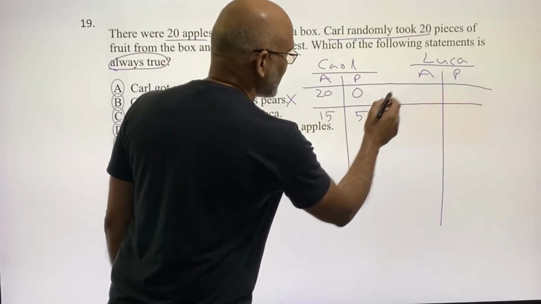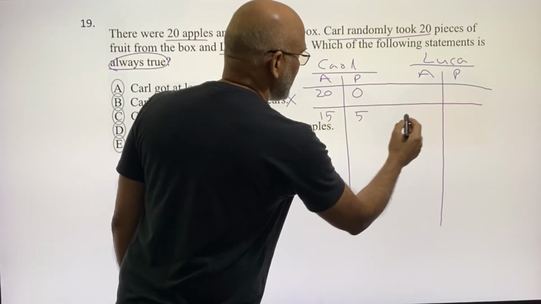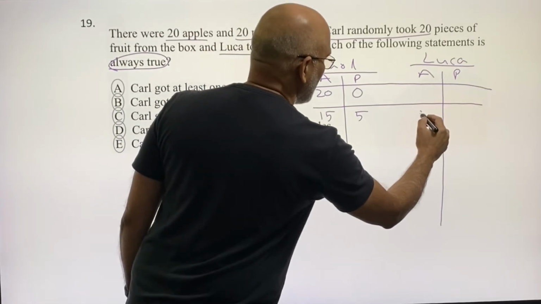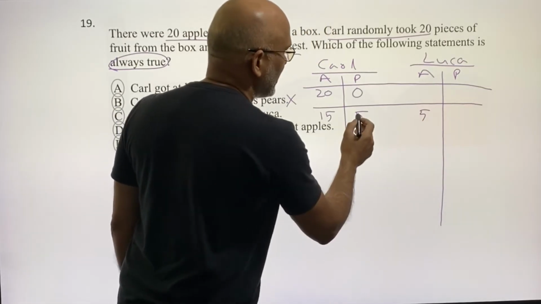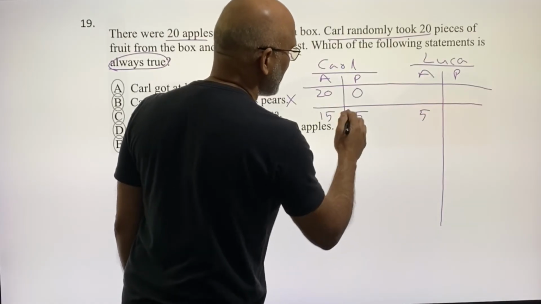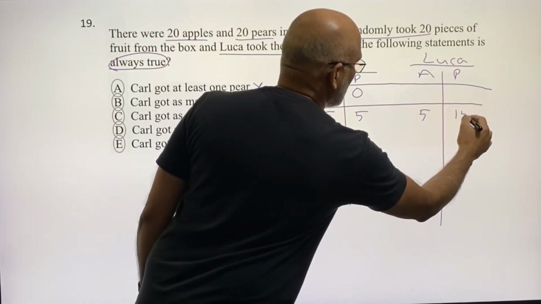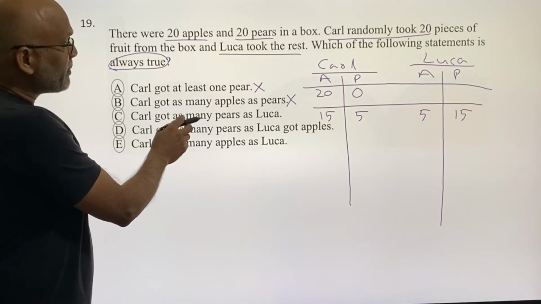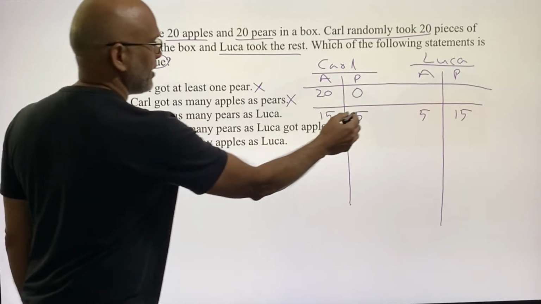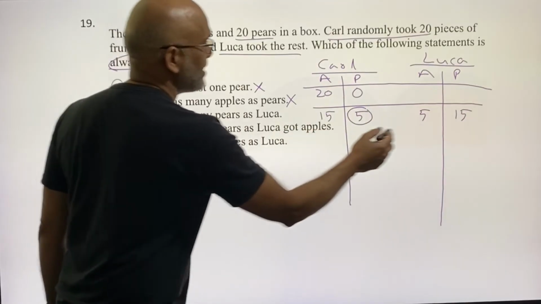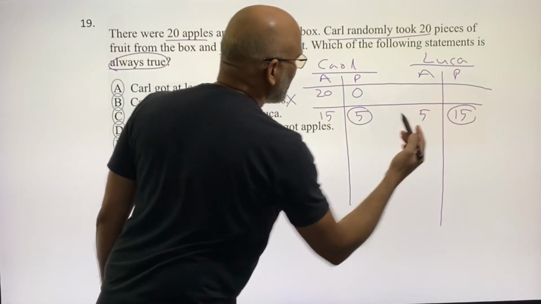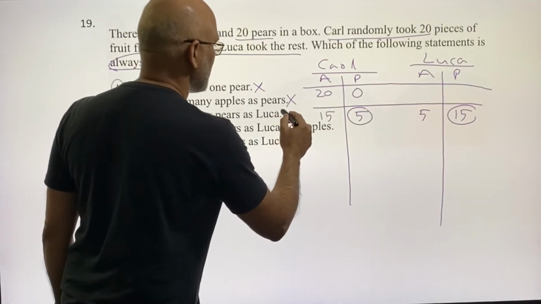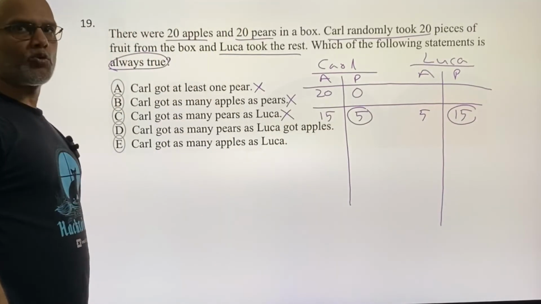So in this case, Luca would have got, there are a total of 20 apples, 15 already picked, so 5 apples, and then again there are a total of 20 pears, 5 already picked, so 15 pears. So Carl got as many pears as Luca? Not true, right? Here Carl got 5 but Luca got 15. So this is again not always true.